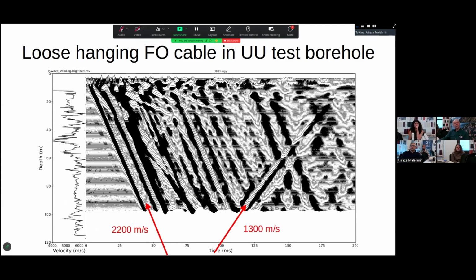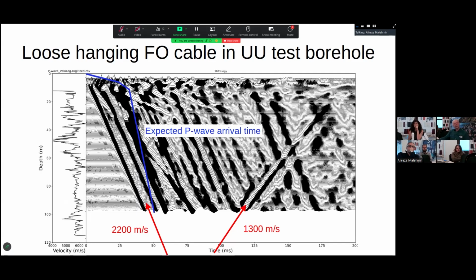Now, we have here the loose hanging cable, the blue cable, with these two velocities. Since we have a very nice coherent arrival here, we can filter out this arrival using velocity filtering.